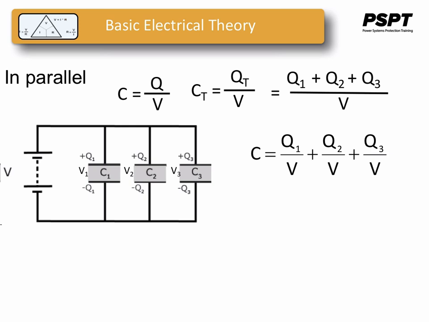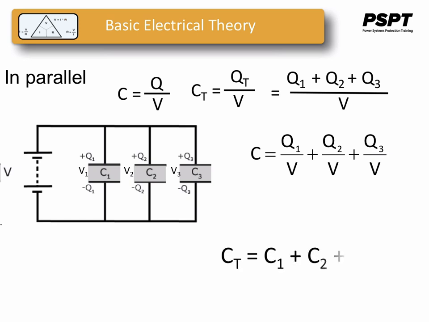We can rewrite that equation and break it out into 3 individual quantities, where Q1 is now over V plus Q2 over V plus Q3 over V, which is the same equation as above, except in this case you can see that Q1 over V is the capacitance of C1, Q2 over V is the capacitance of C2, and Q3 over V is the capacitance of C3.